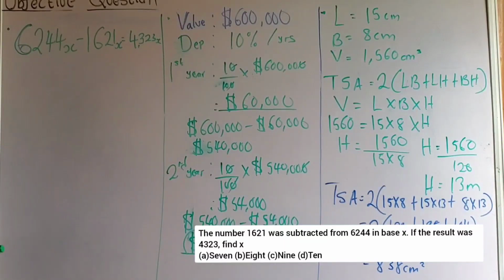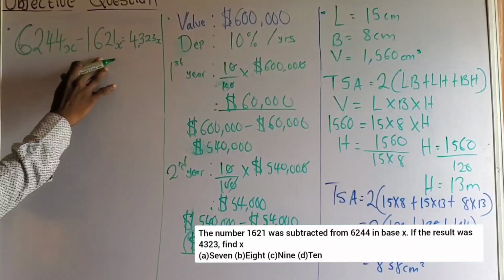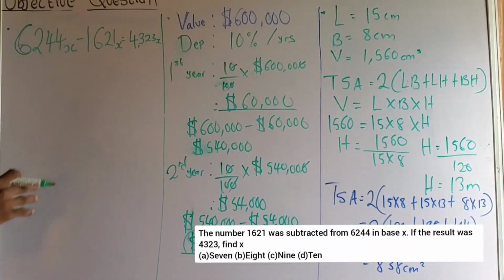Okay, now we are asked to find the value of x. How do we find the value of x? Well, I'm very sure you are well versed with binary numbers. Let us try to change this number to base 10.